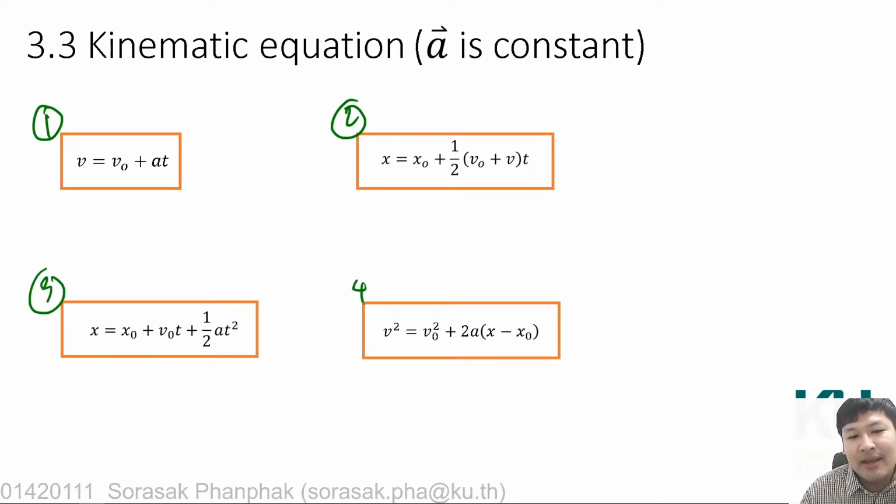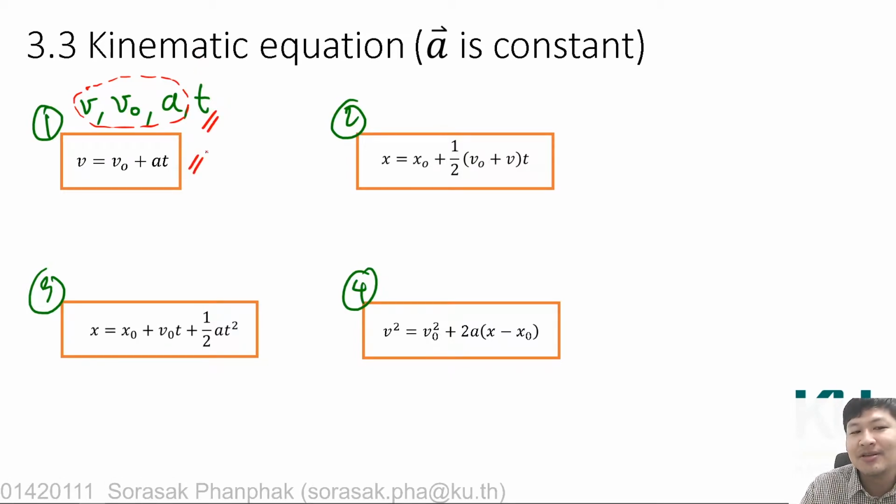And when do you use them? You will use this relation when you have the information of the terminal velocity, initial velocity, acceleration, and time. Maybe you have three pieces of this information, and you want to find out the other one. So you can use this equation.